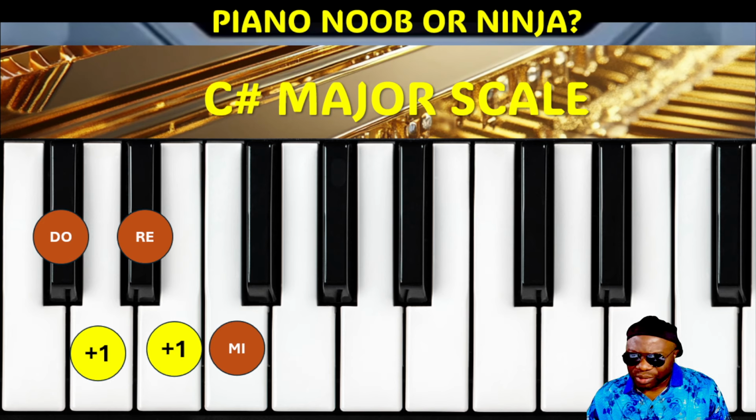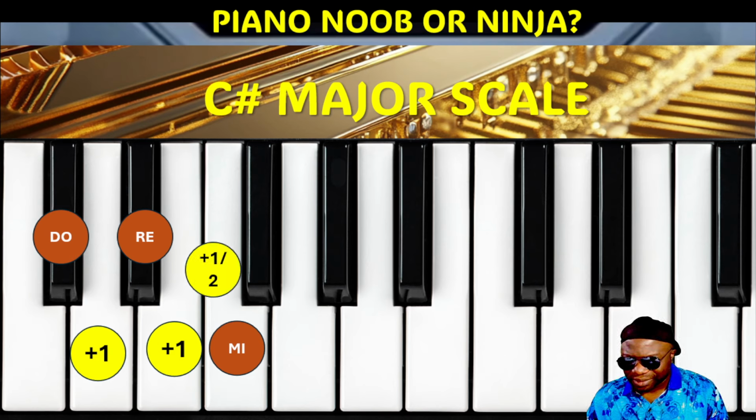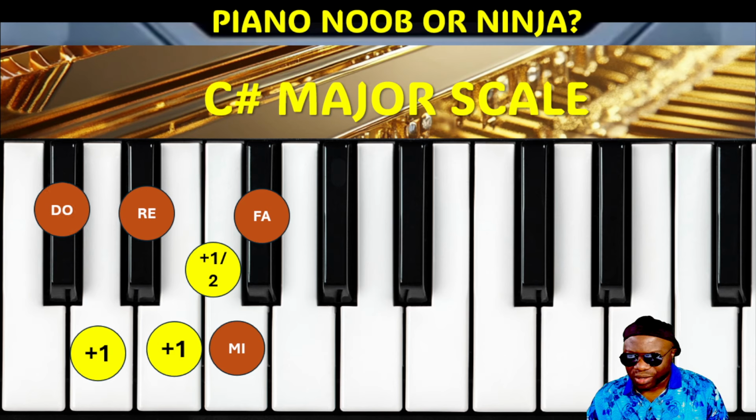So do plus 1, which gives us the mi, plus half. And for the half, there is nothing in between these two, so the next note is this. Get it? And then we're going to add another 1, and that's going to give us this.